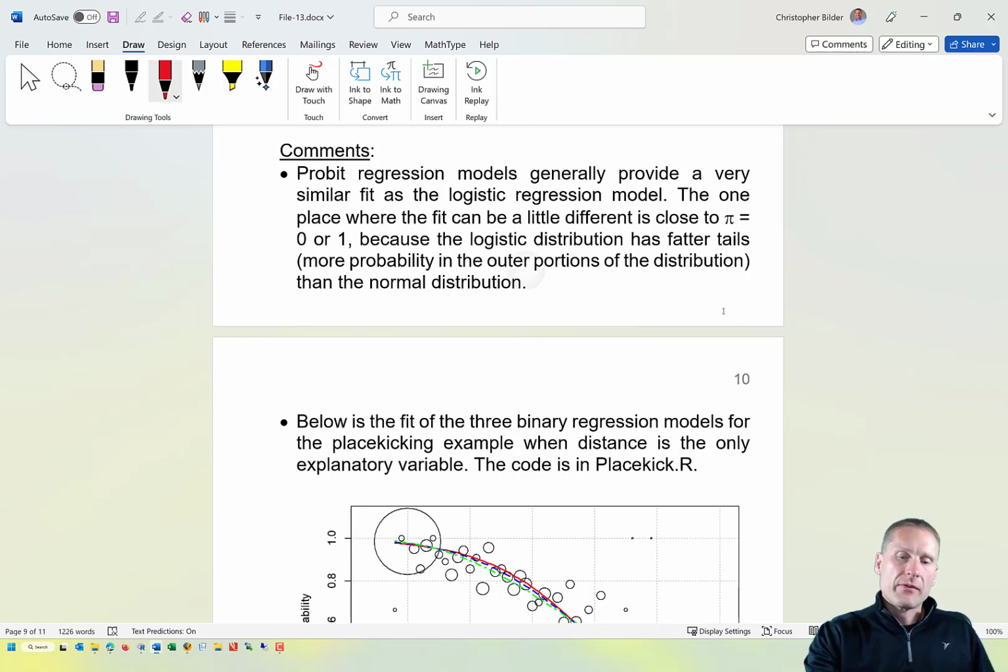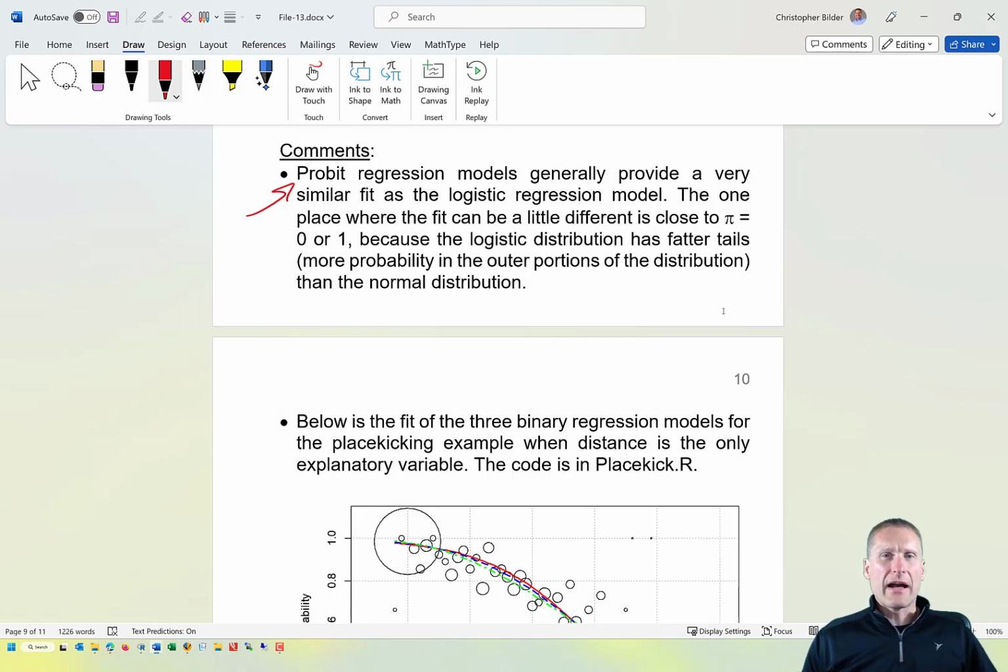Another reason why logistic regression models tend to be used more than probit regression models is that both of them usually give you very similar results in the end, in terms of the estimated probability of success. The only time that they would be different is when pi is close to 0 or close to 1.